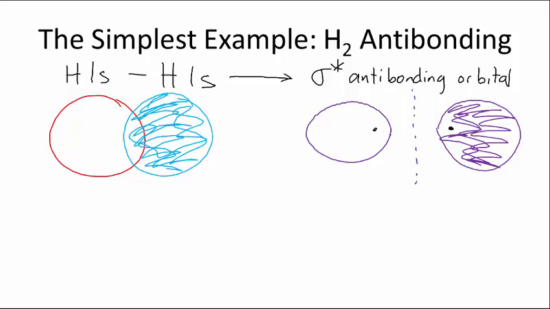The actual shape doesn't matter that much. You know, the reading has better representations of the shapes. We get what we call a node in the middle, where there will be no electrons. All right, and I'll have to continue with that tomorrow, but I wanted to at least introduce this idea that every time we create a bonding orbital, we'll create an antibonding orbital.